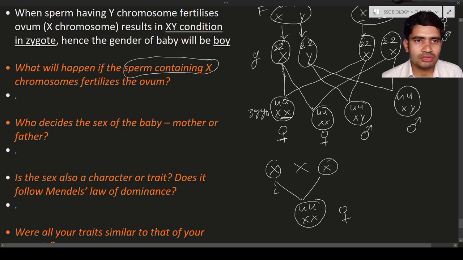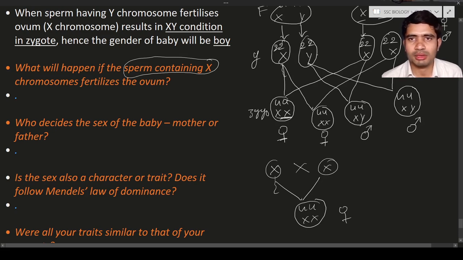Next question: who decides the sex of the baby, mother or father? The father is going to produce two types of gametes, X chromosome containing spermatozoa and Y chromosome containing spermatozoa. It means the gender is decided completely by which spermatozoon fuses with the ovum, so the father decides the gender of the baby.